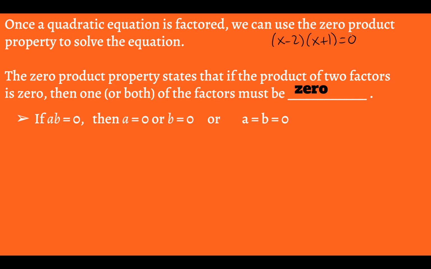I told you to solve using the zero product property. So what you did is you took each one of these, you said x minus 2 equals 0 to get x equals positive 2, and then here x plus 1 equals 0 to get x equals negative 1. Okay? That's as much of the zero product property that you've done.